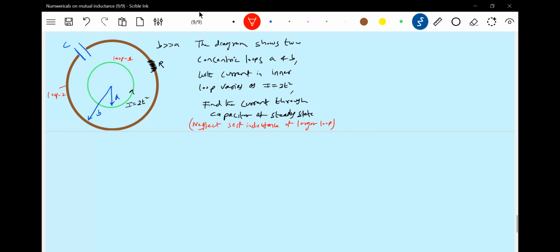Look at the condition given, B very much greater than A. Now first, we should calculate the mutual inductance between them.